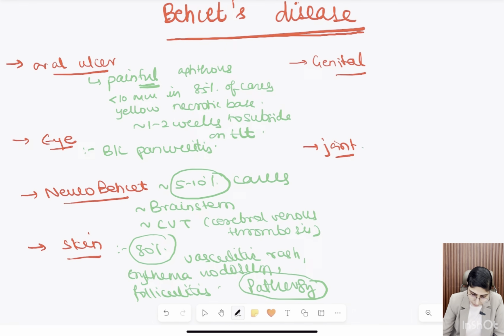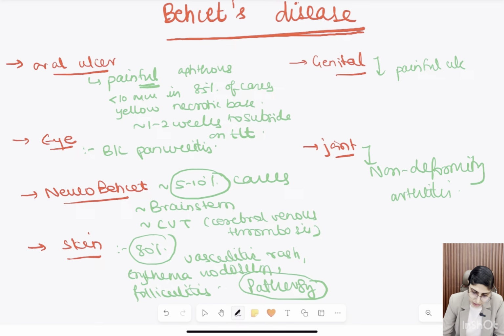If we talk about joints, non-deforming arthritis, we call it non-deforming arthritis. The arthritis with deformities is usually in rheumatoid arthritis involving the peripheral joints and ankylosing spondylitis involving the spine, the axial joints. If we talk about genitals, there are painful genital ulcers.